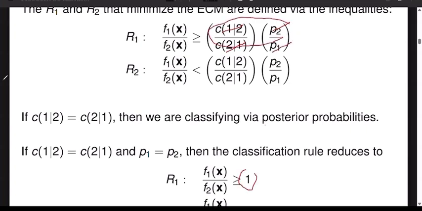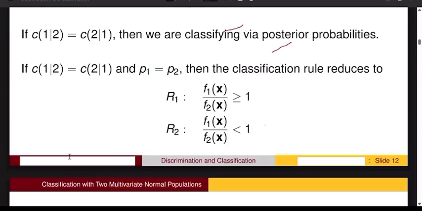So in the situation where the prior probabilities are the same and the costs of classification are the same, we're actually going to have a new classification rule, which considers the ratio of the two probability density functions, greater than or equal to 1 or less than 1. Take a look at that.